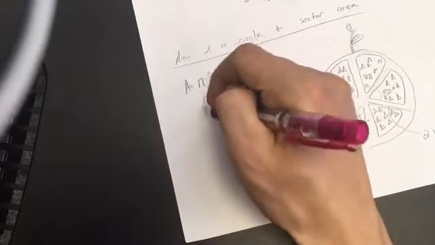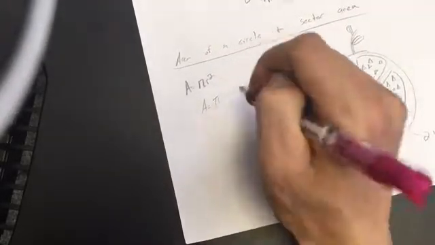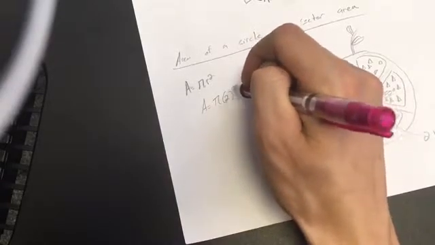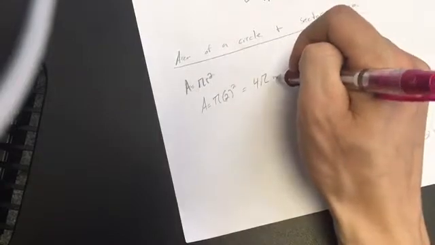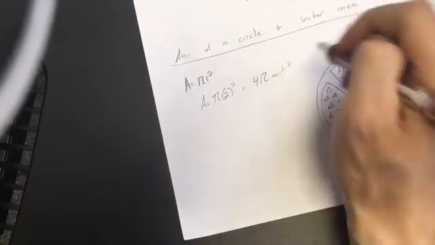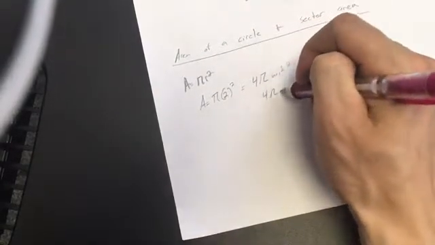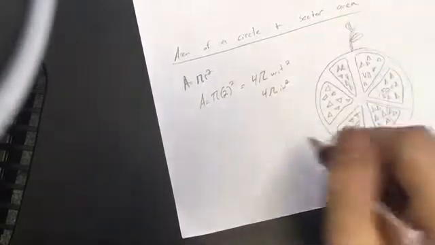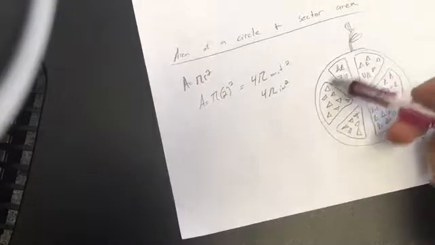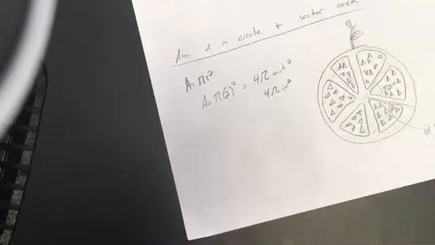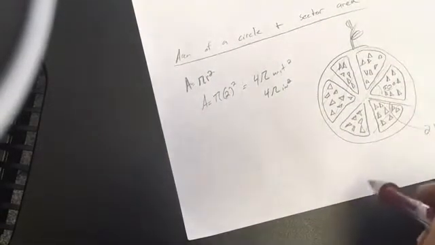I'm told I have a radius of 2 inches. So the area of this particular cross section is pi times 2 squared. So our answer is going to be 4 pi units squared. We know it's 4 pi inches squared. So the area of our cross section of a piece of fruit is 4 pi inches squared.